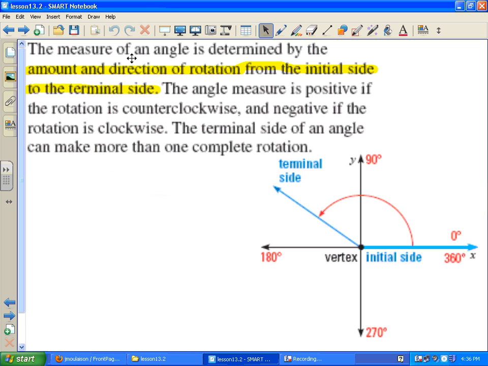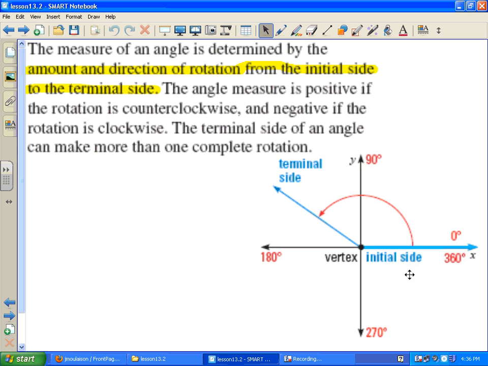The measure of an angle is determined by the amount and direction of rotation from the initial side to the terminal side. The angle measure is positive if the rotation is counterclockwise and negative if the rotation is clockwise. The terminal side of an angle can make more than one complete rotation.